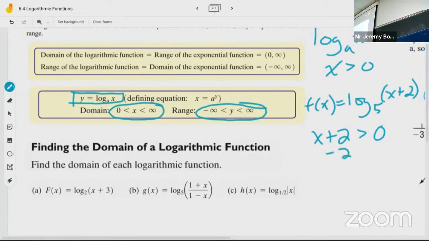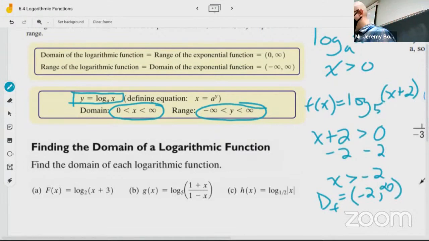We're going to subtract 2 from both sides, and we'll get x is greater than negative 2. So that means the domain of f there is going to be negative 2 to infinity. Any questions on that?